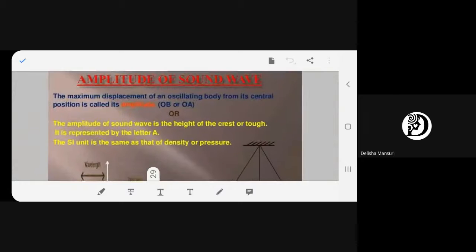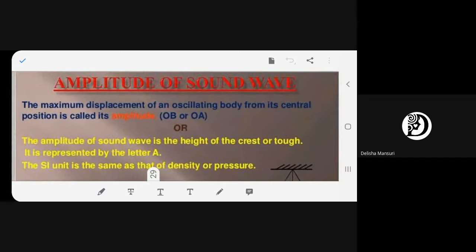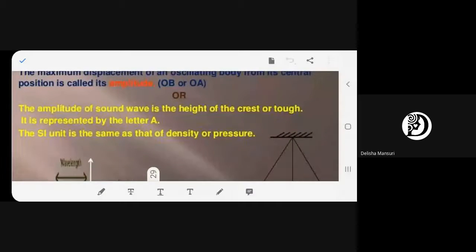Now we come to amplitude. First we did frequency, second we did time period. Now we are going to work on amplitude. Please read. The maximum displacement of an oscillating body from its central position is called its amplitude, AB or OA, or the amplitude of sound wave is the height of the crest or trough.